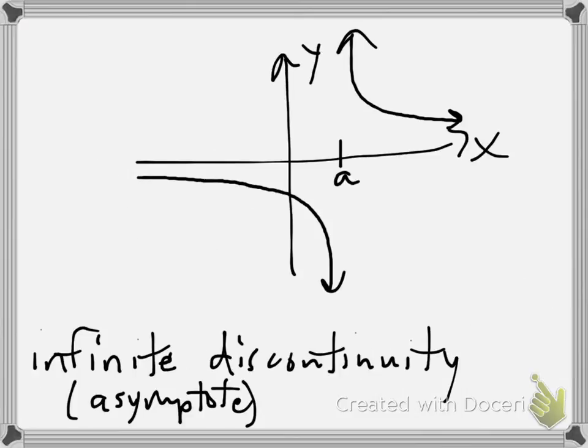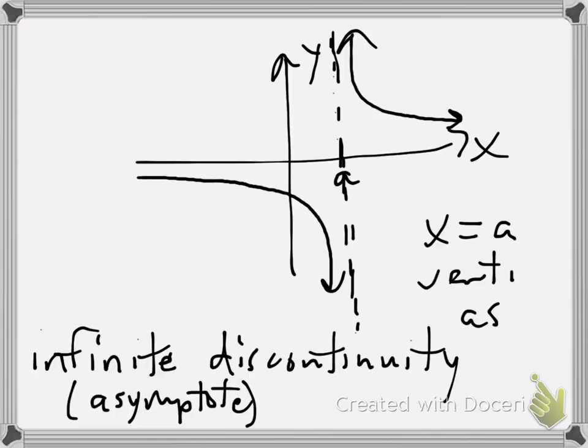Now, an infinite discontinuity. Infinite means that basically it's an asymptote. And we talked about asymptotes a little bit last year, and we're going to get into it more in the next video. But if you have an asymptote, like this would be a vertical asymptote, x equals a would be a vertical asymptote. That means that the graph jumps, or not jumps, but there's no hole.